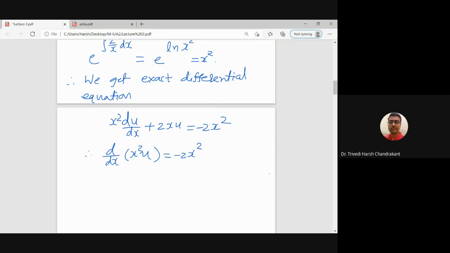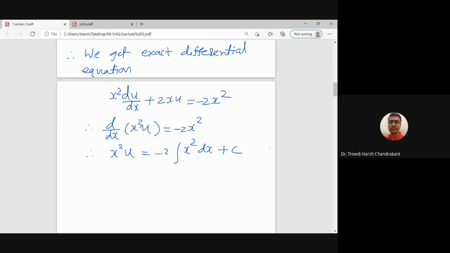And then we know that to solve this differential equation we need to integrate this equation. So it will become x square times u is equals to minus 2 integral of x square dx plus constant of integration. So finally we get x square u is equals to minus 2x cubed by 3 plus constant.